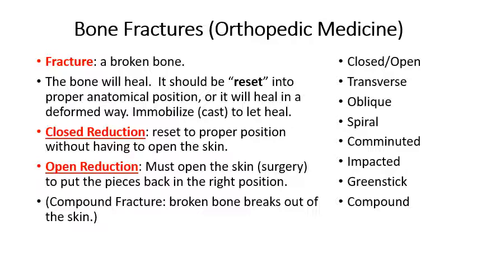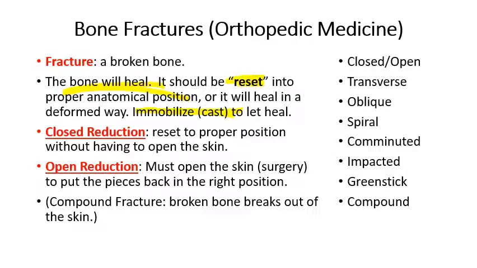So when you break a bone, what they will do is they will reset the bone, right? So you reset the bone into its proper anatomical position, and then you immobilize it with a cast, and you let the osteoblasts on either side of the bone repair the damage and then seal the bone back up again.